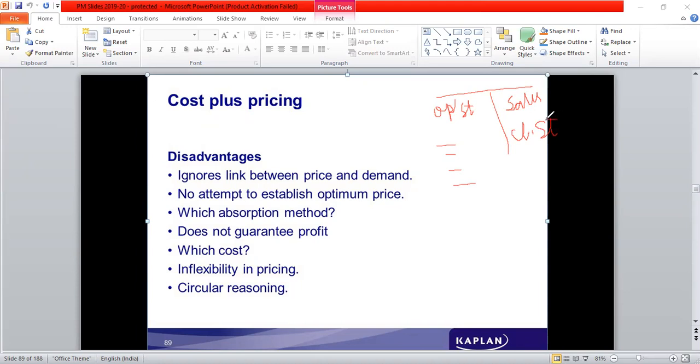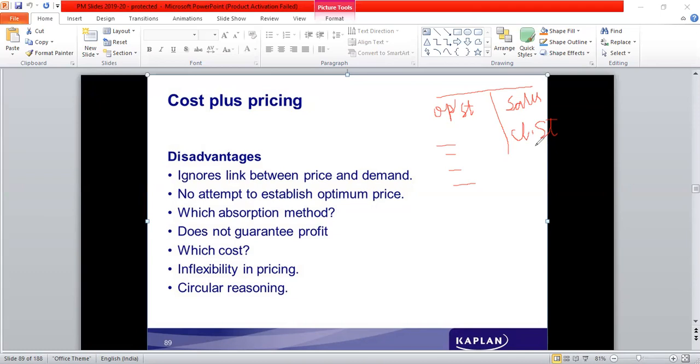Absorption costing method charges a higher amount for closing stock, because both the variable and the fixed costs are charged to the closing stock. For the moment, you have not learned that, or if I'm not wrong, you should be learning that in management accounting. But the point is, under absorption costing method, closing stock is higher.